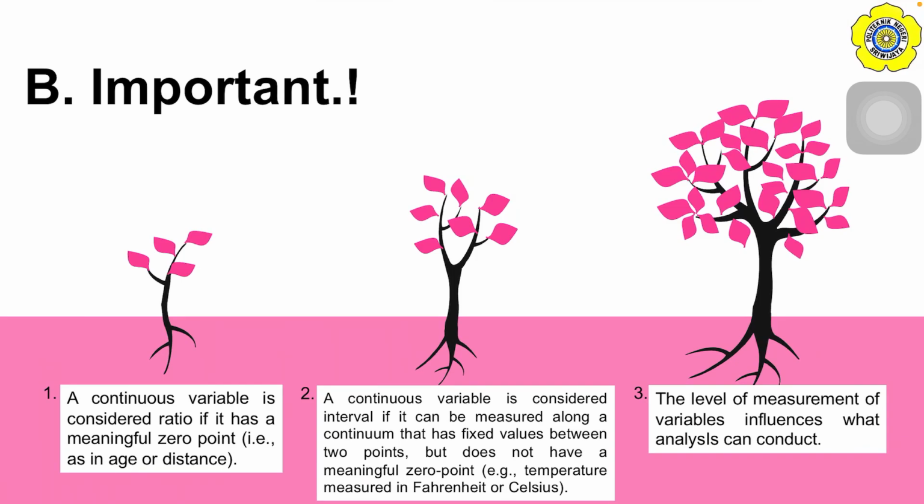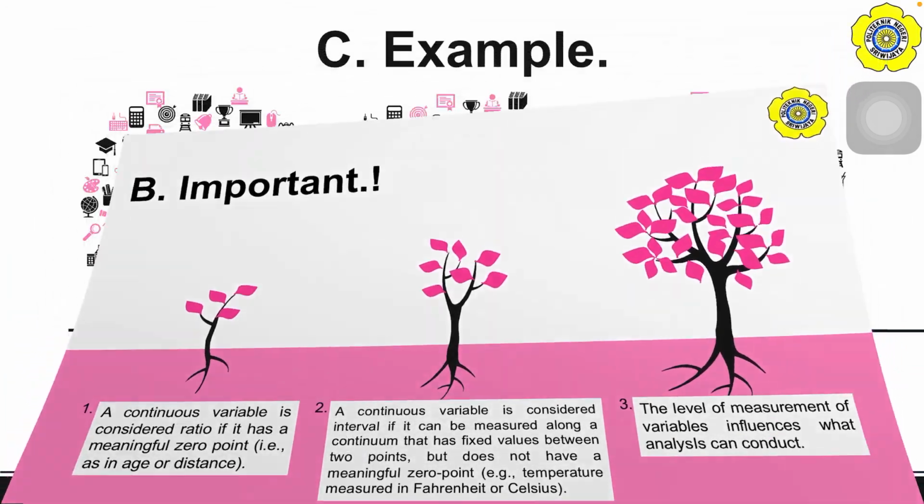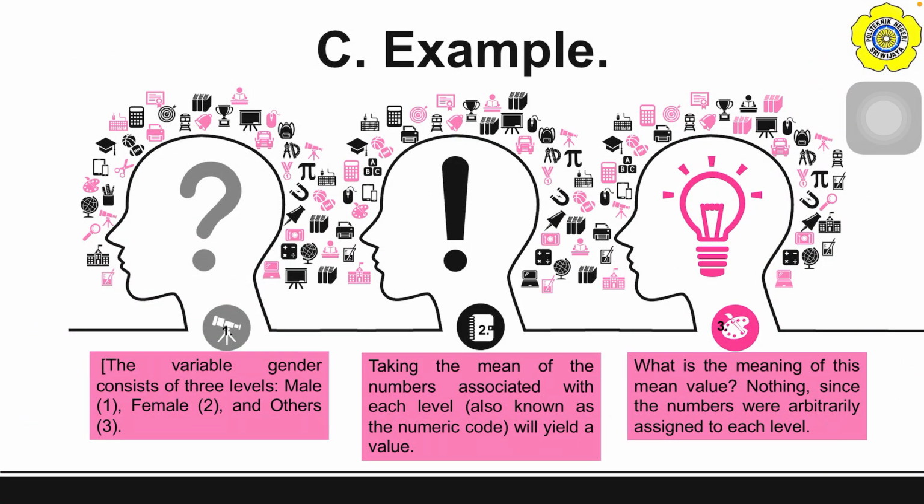For example, temperature measured in Fahrenheit or Celsius. And the last thing to remember is that the level of measurement of variables influences what analysis can be conducted. Okay, next, go on to the next slide about the example.